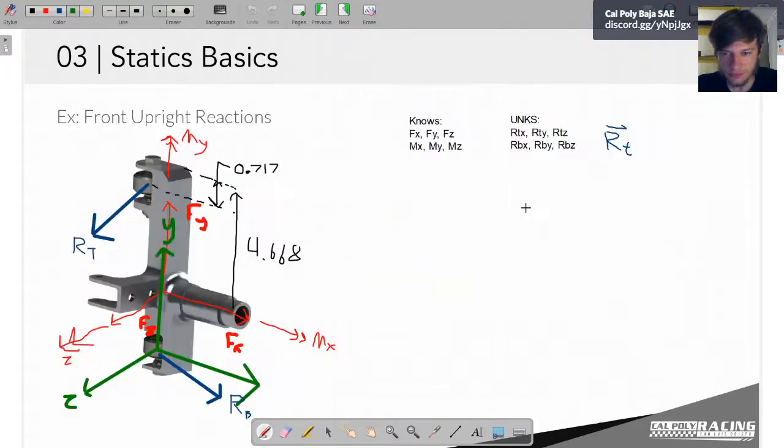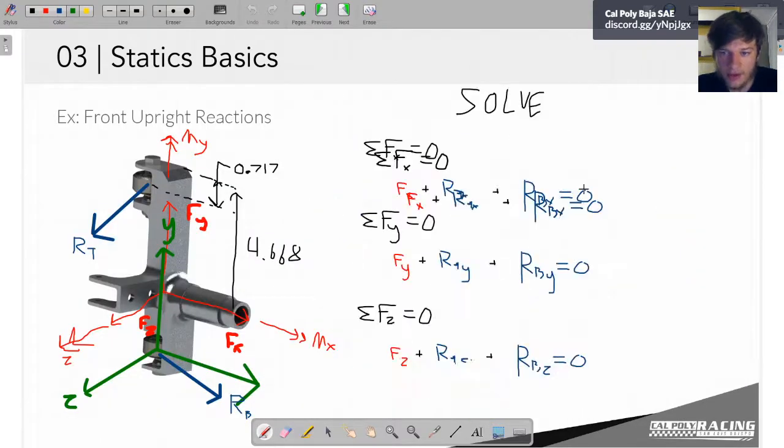equals, if we go back here and rewrite this, we'll get 1 rtx plus 0, 0, plus 1 rbx equals, you can subtract f of x over, minus fx.